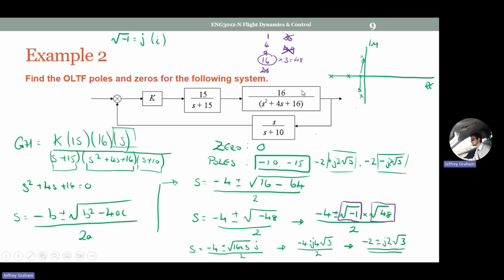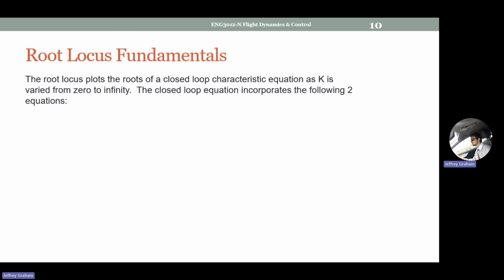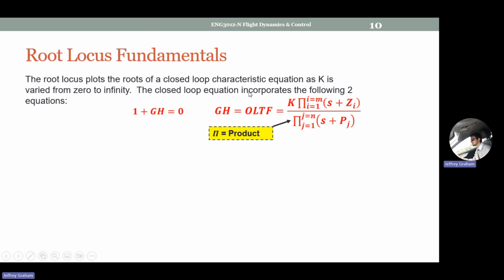Right, what we're going to do now, we've done the open loop transfer function. We've obtained the zeros. We've obtained the poles. We then close the system off and deal with the closed loop. In principle, the closed loop transfer function said the open loop plus 1 equals 0.